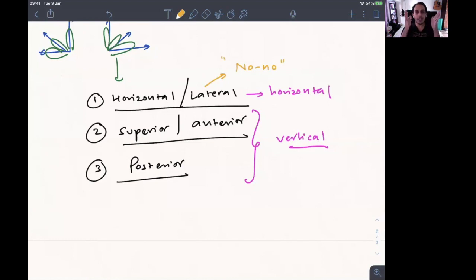The superior or anterior one will give us the information about this movement, the yes movement. And the posterior one will give us information about the lateral neck flexion. So when your ear touches the ipsilateral shoulder, which is called lateral neck flexion, that movement is told to us by the posterior semicircular canal.